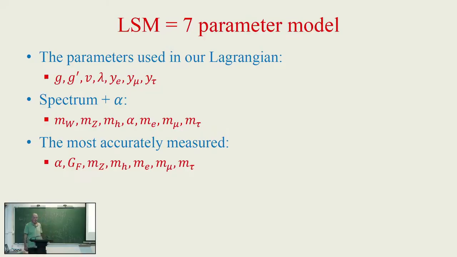So the leptonic standard model has 7 physical parameters, and we can make various choices as to how to present these 7.